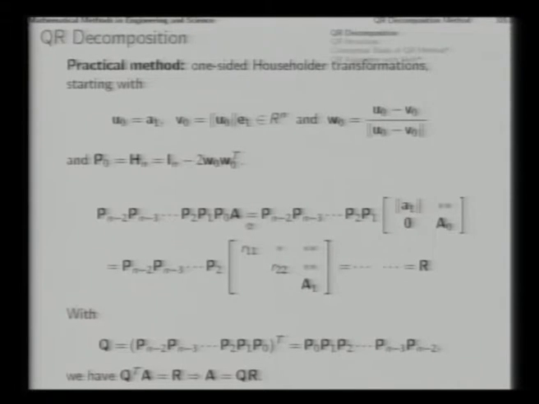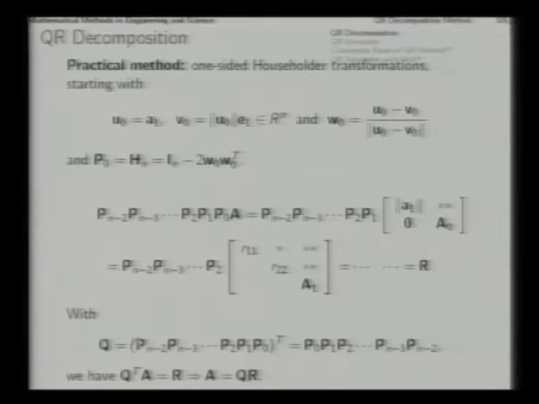Now, note that all these transformations from P0 up to Pn minus 2 are orthogonal matrices and therefore, this entire product Pn minus 2 to P0 is orthogonal. Product of orthogonal matrices is also an orthogonal matrix. And now, if we call Q as the transpose of this whole thing, which is this, then whatever we have pre-multiplied can be called Q transpose.